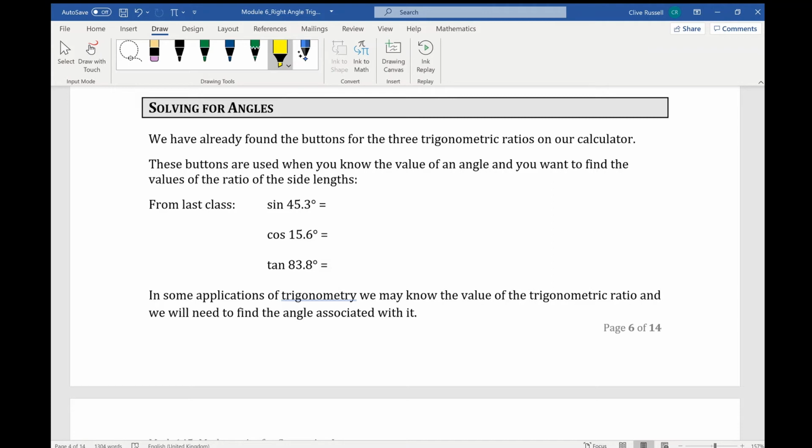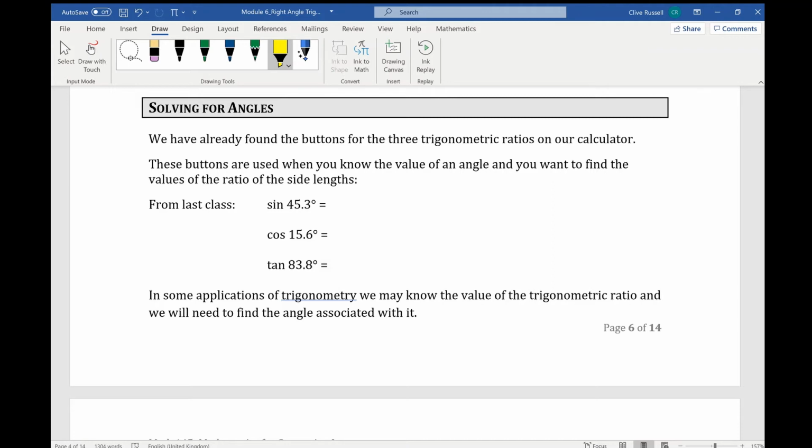The one we just looked at was the trigonometric ratios, which is SOHCAHTOA, which involves an angle and two sides. In the previous three examples, we were given an angle and a side, and we had to find another side.